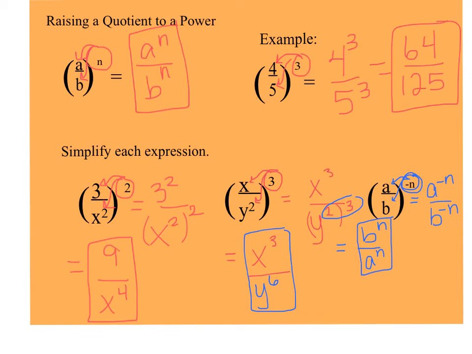You can just write the reciprocal of a over b, which is b over a. Keep it in parentheses, and that automatically makes the exponent a positive n, which can then be distributed to both the b and the a, and again we get the same result.